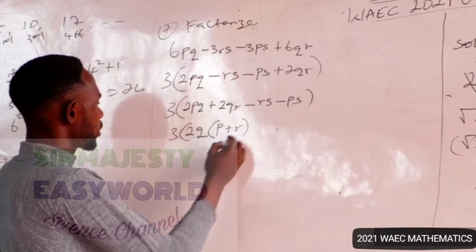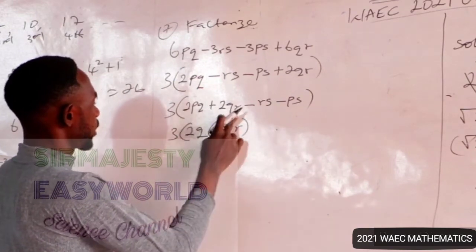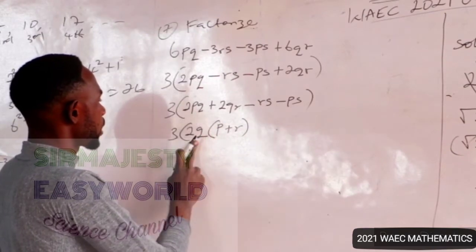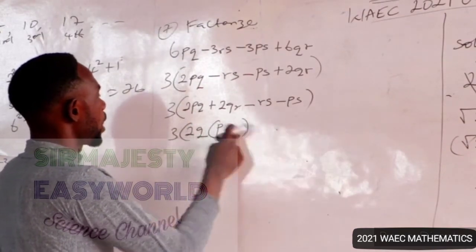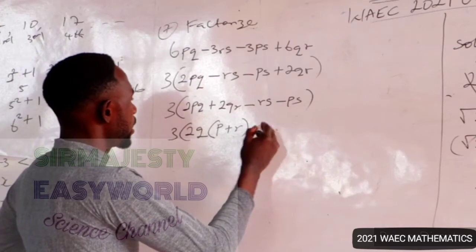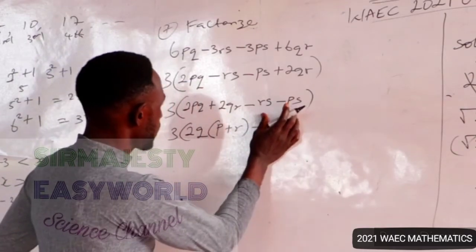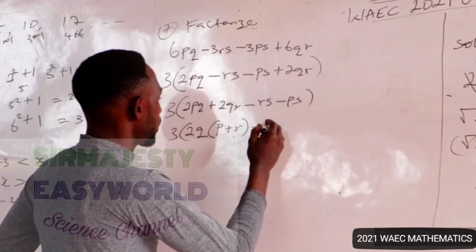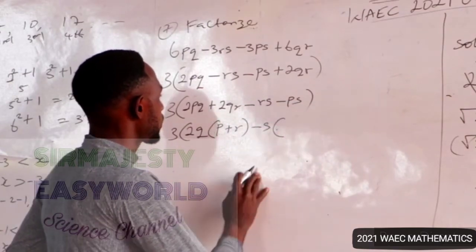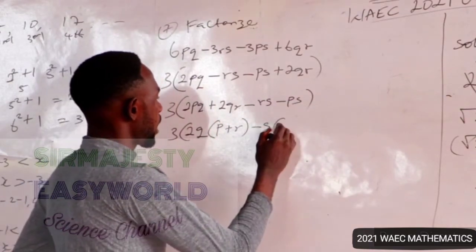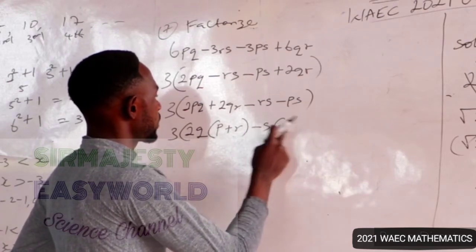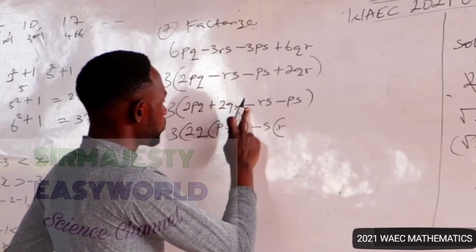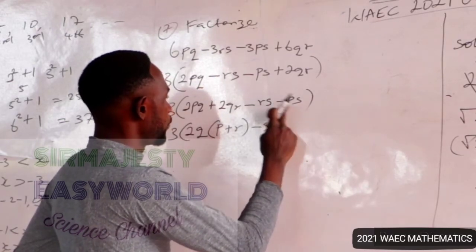Yes, make sure that when you expand, you still get back. If you say 2Q times P, it will still give you 2PQ, then 2Q times R, it will still give you 2QR. Then minus, we still factorize this, RS and PS, the common thing is S. So we factorize S, bracket, minus S times R is minus RS, of course. Then here you have to be careful because minus times minus will give you plus.